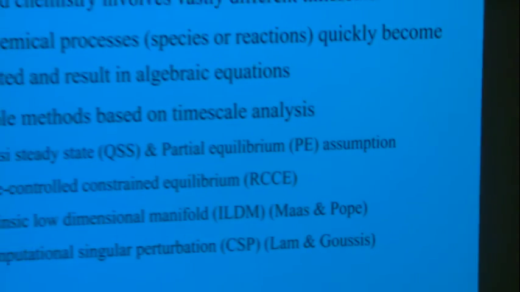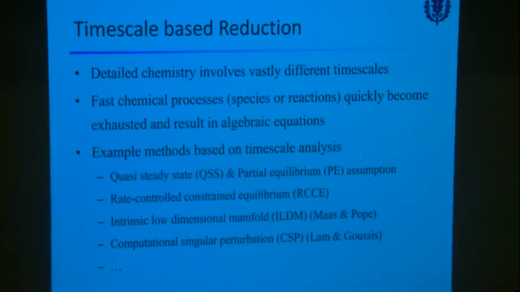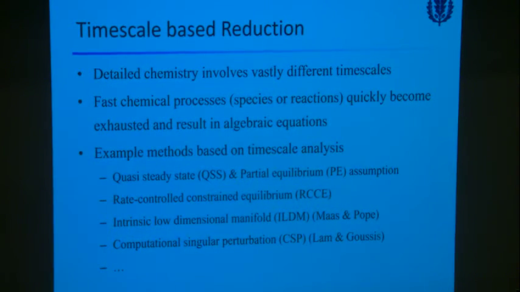So there are many approaches developed for timescale-based reduction. If we look at these methodologies, QSSA, you saw this in the textbook. PEA, partial equilibrium approximation, are classical cases in textbooks, right? But what I can tell you is QSSA is widely used. People use this in many different reduced models in the literature.